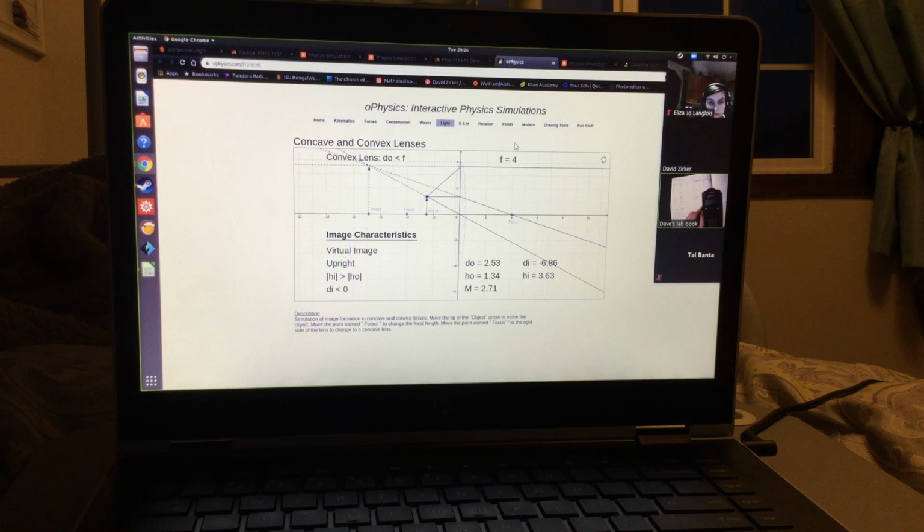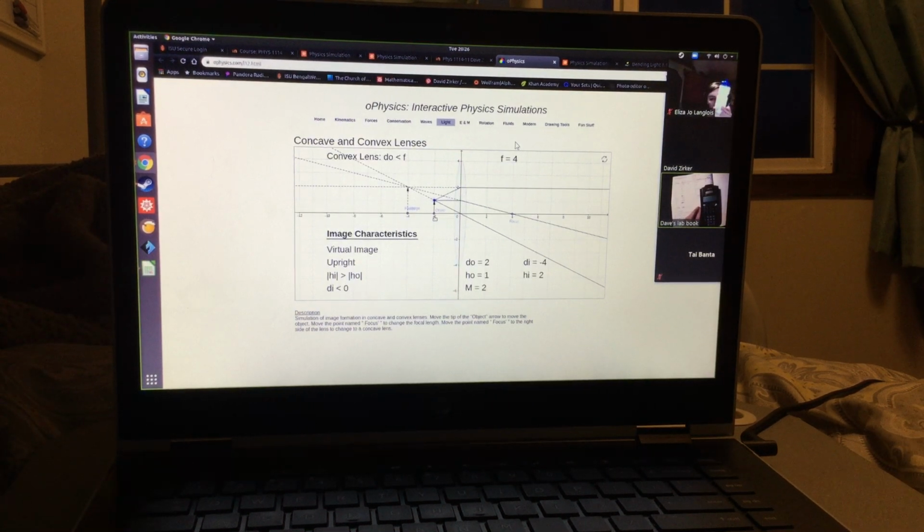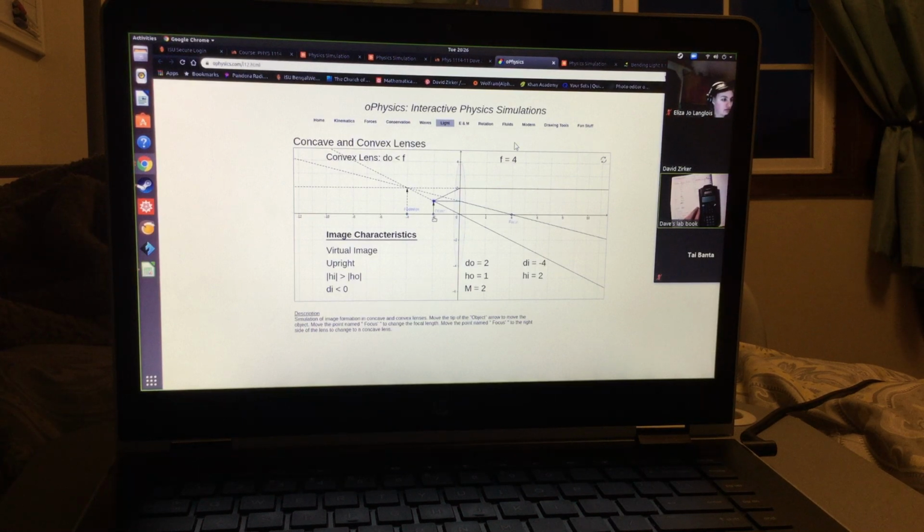Negative 4. So when your object distance is at 2, what did you get? Oh my good heavens! Yeah, I get negative 4. I think I wrote that down wrong. Give me a moment. You might be totally right. Which, I mean, it's not surprising, but I feel a little bit ashamed and chagrined that I'm wrong.